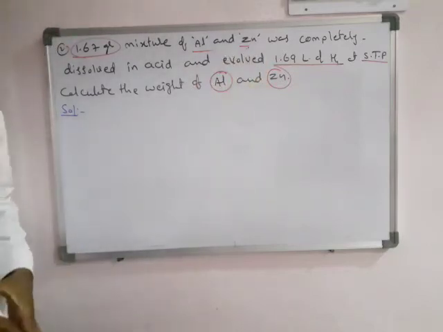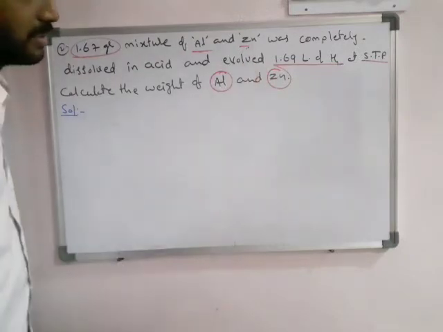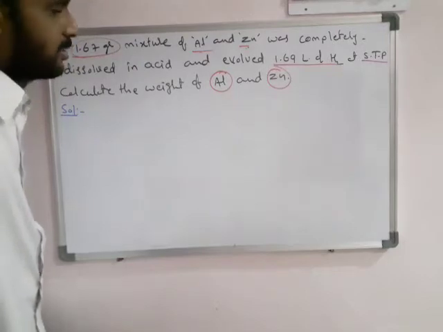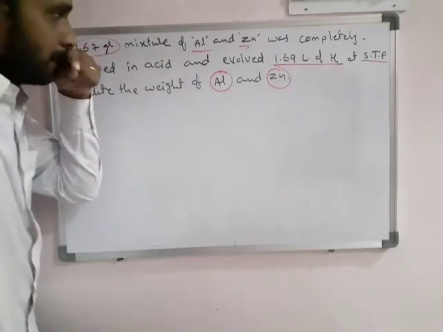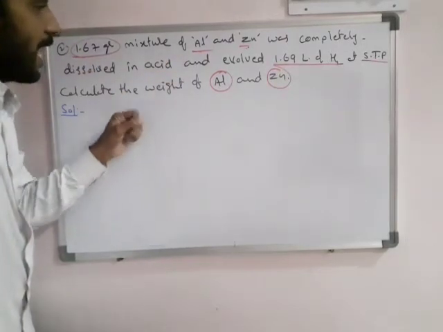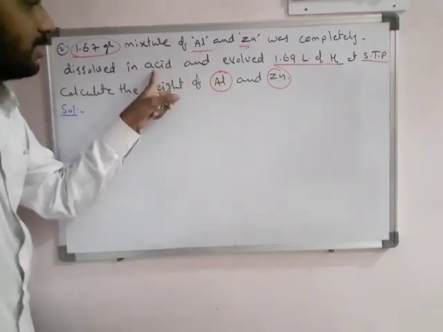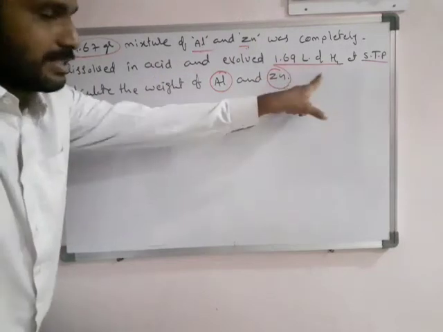Generally metals compulsorily react with acids and release hydrogen gas. This is the basic characteristic property of metals. Mainly all transition metals follow this rule. All metals react with acids, releasing H2. Aluminium reacts with acid, releasing H2. Zinc also reacts with acid, releasing H2.